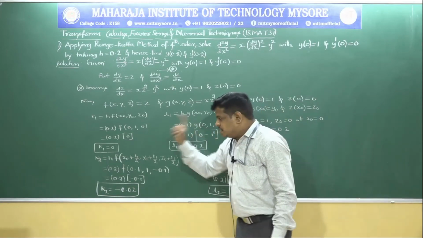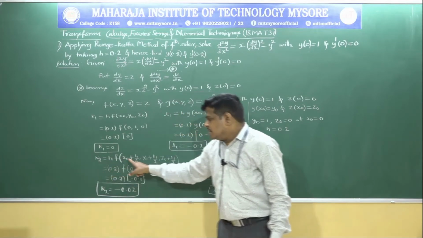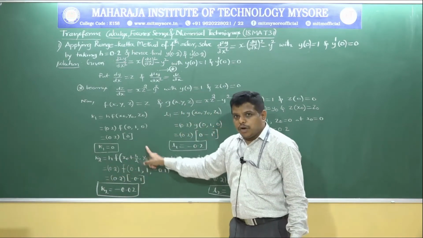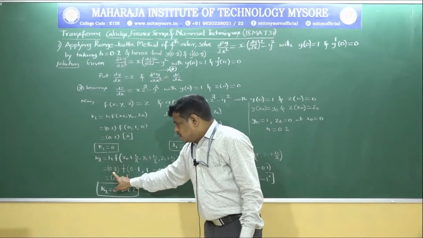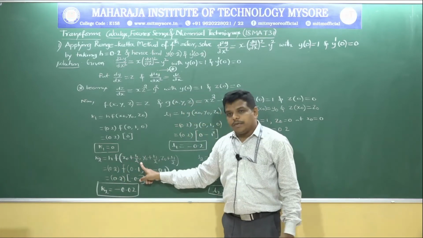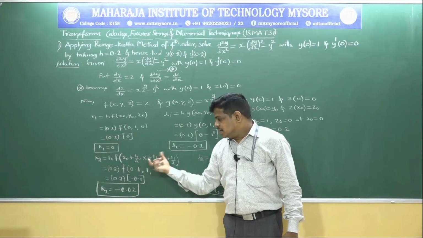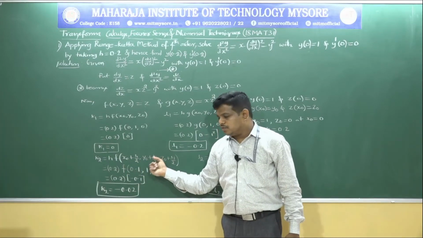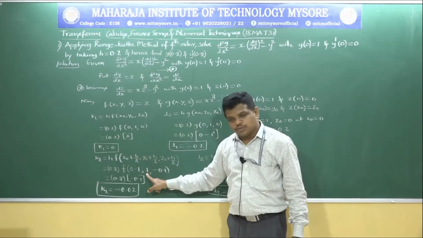Next, after finding l1, you need to find k2. K2 equals h into f of x naught plus h by 2, y naught plus k1 by 2, z naught plus l1 by 2. Here h is 0.2. Since x naught is 0, 0.2 divided by 2 gives 0.1, and 0.1 plus 0 is 0.1. For the second term, y naught plus k1 by 2, since k1 is 0, 0 by 2 becomes 0, and y naught is 1.